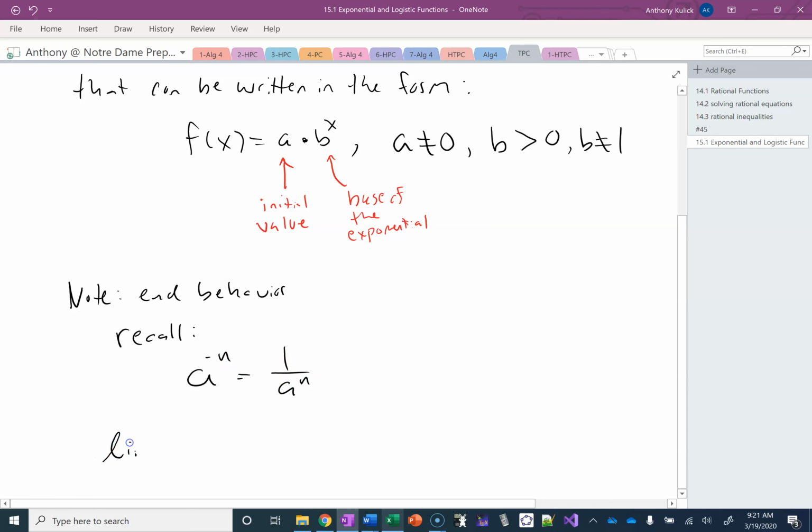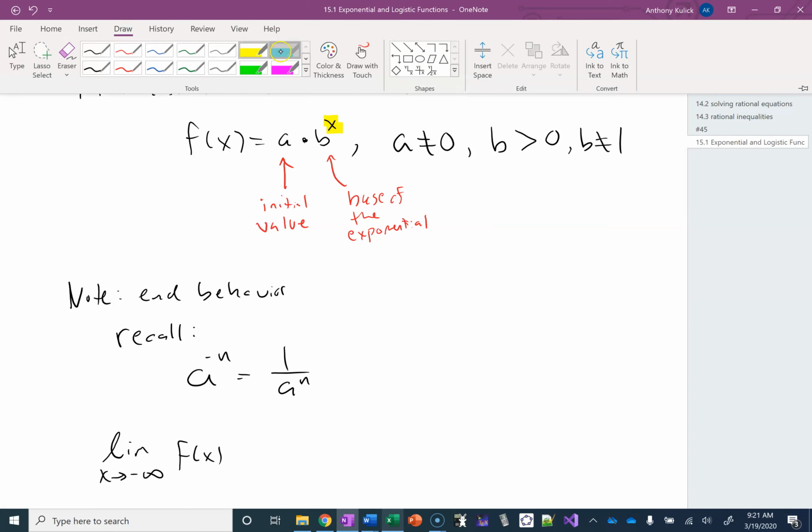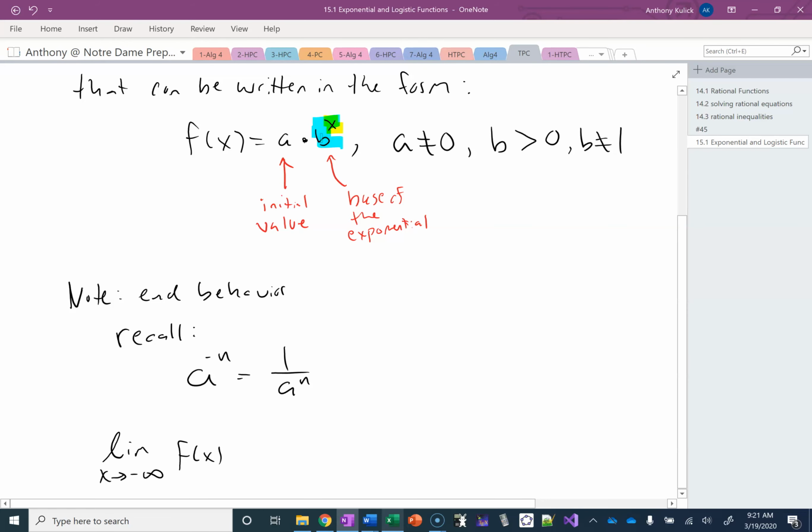So if we take the limit as x approaches negative infinity of our exponential, that means the x is a negative number, which really means we're going to have like a 1 over b. And as x keeps getting bigger and bigger, the number in the denominator of our fraction is going to keep getting bigger and bigger. And as a result, our fraction is going to keep getting smaller and smaller, approaching the number 0.